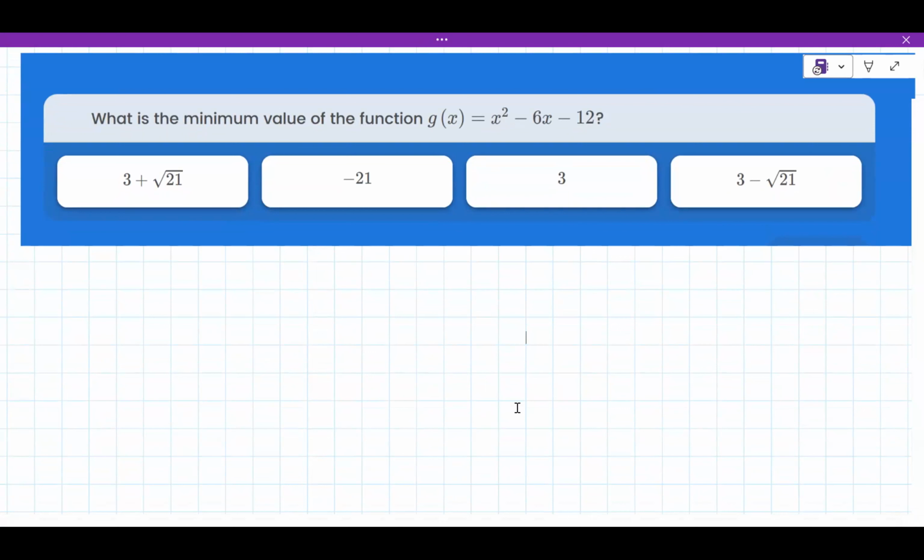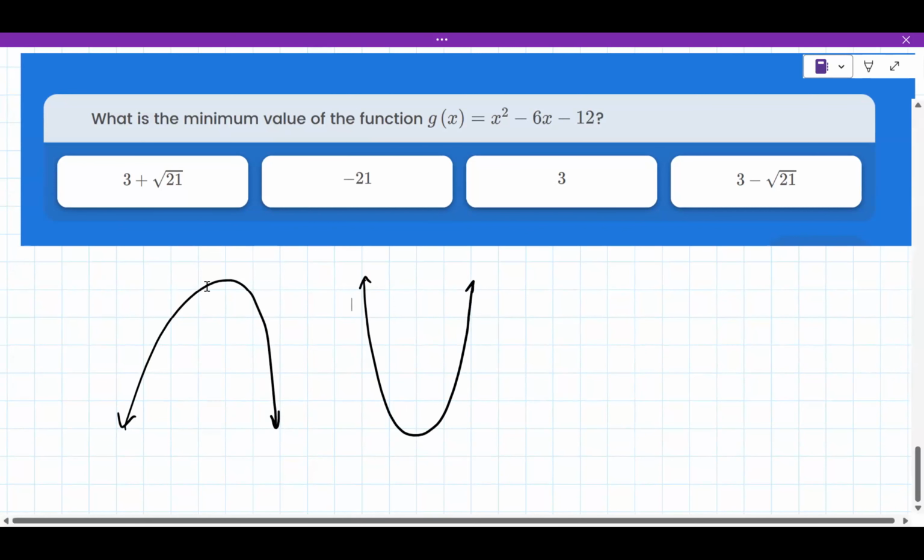Minimum value, like the smallest. Right, very good. So does this have a minimum value? What I've drawn here? No. Does this have a minimum value? I'm gonna say no again, but I'm pretty sure I'm wrong when I say that.